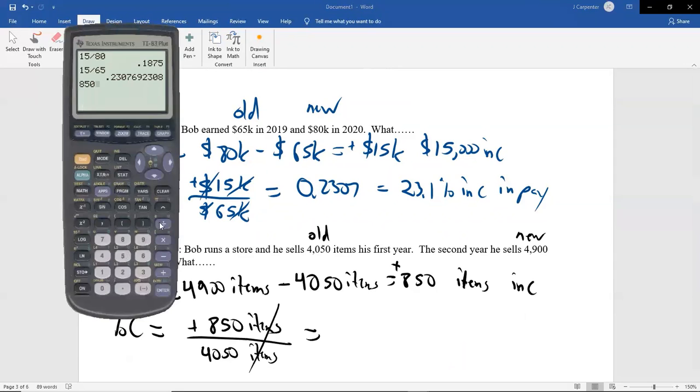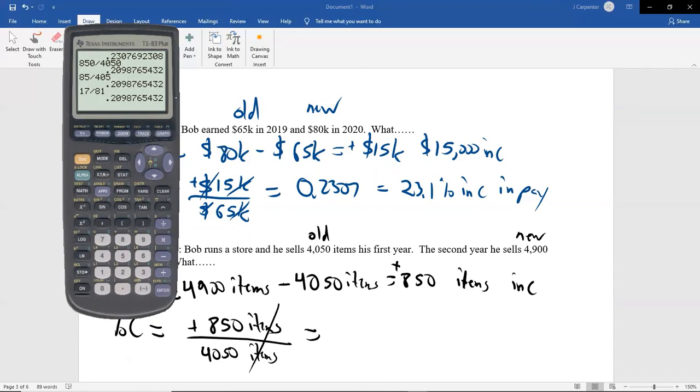Let's just write the original numbers though, 850 divided by 4050. And you get that answer. If you don't trust me on that, you can cancel out a 10. Here's 85 divided by 405. Same answer. And if you divided both of those by 5, you'd get, what's that? 17 over 81. Same answer.